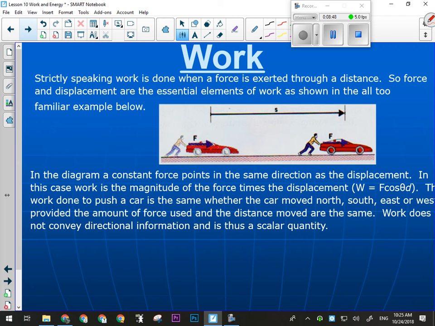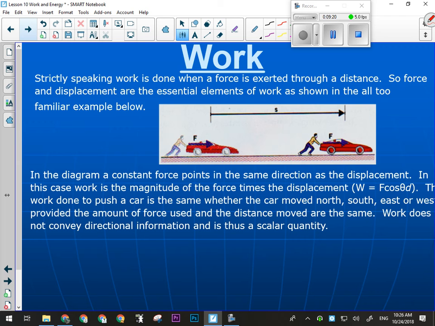All right, so the diagram shows that this constant force points in the same direction as the displacement. If I'm pushing to the right, and the car moves to the right, then I'm doing work in that way. Now, weird thing is that work, just like energy, is actually a scalar quantity. The only reason I have to worry about direction in the formula is I have to make sure that I'm only using the part of the force that's going in the direction the object moves.